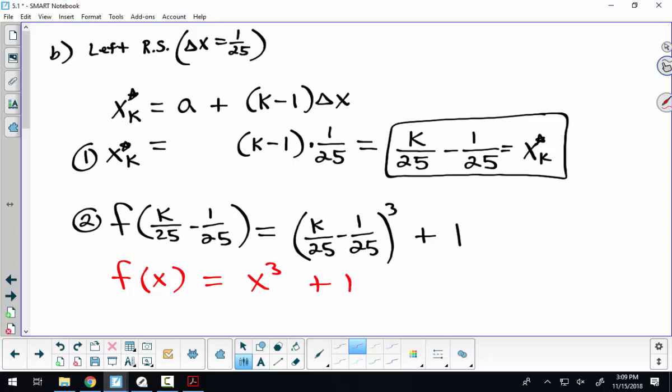Say that again, combine. The k minus 1 over the bottom. Make it one fraction. K minus 1 over 25? Oh yeah, I mean this could be k minus 1 over 25. You still have to cube that though. But yeah, you can certainly make that inside the parentheses, since we have a common denominator here, k minus 1 over 25. Yeah, that works.